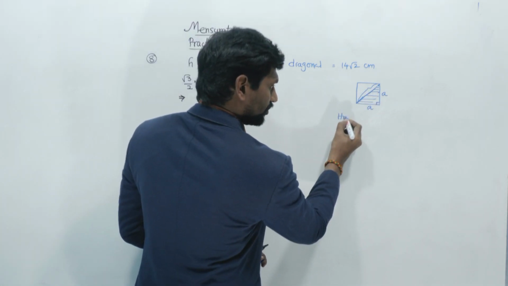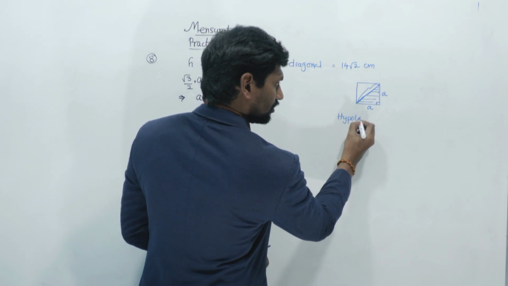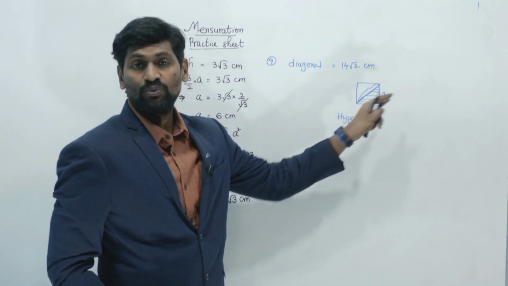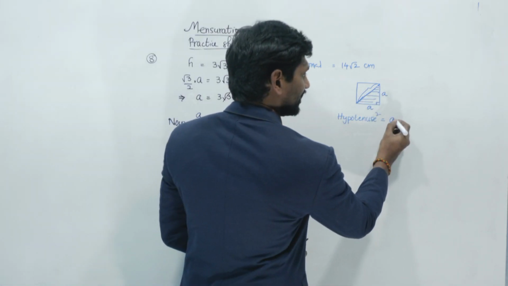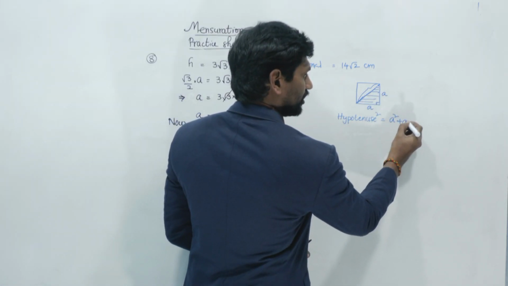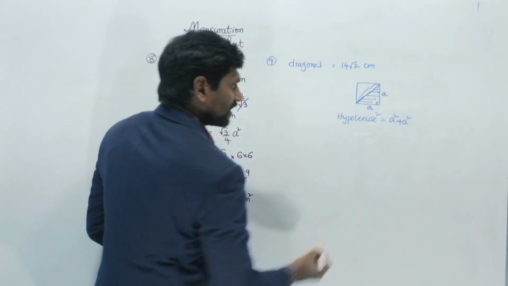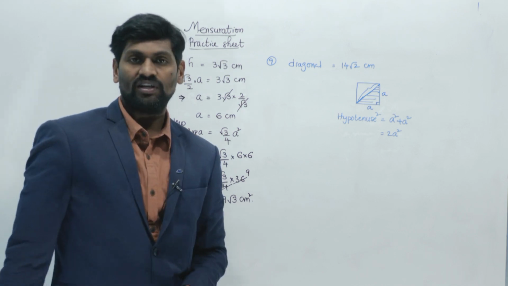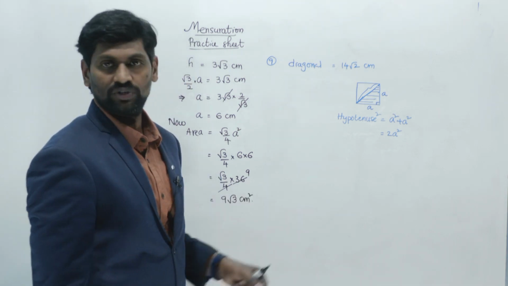Hypotenuse square is equal to side square plus side square. What is the side here? A square plus A square, which is nothing but 2A square.